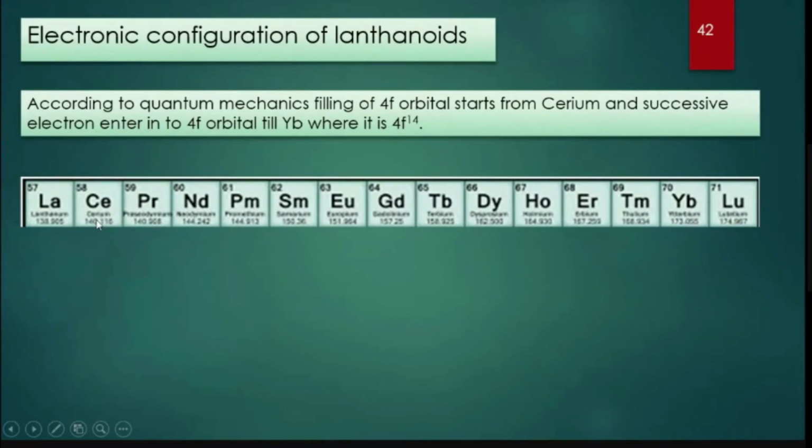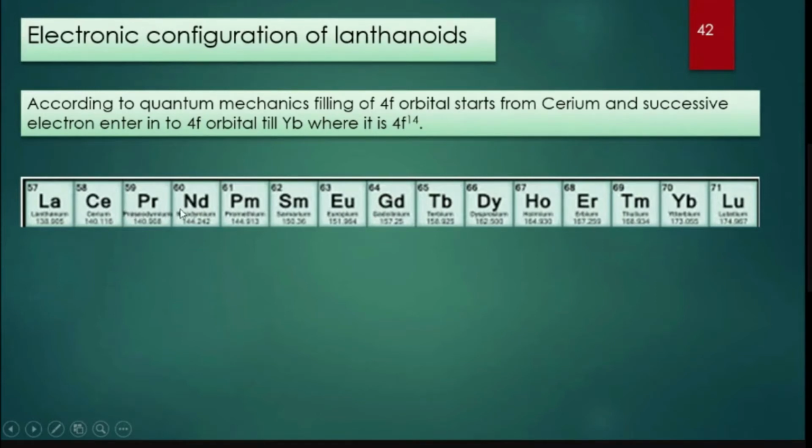In your syllabus, the lanthanide series starts from cerium. But earlier both lanthanum and actinium were in the D block, and now they have been removed. Lanthanum has been added to lanthanides, and actinium has been added to the actinide series. So that is why I have added lanthanum here.